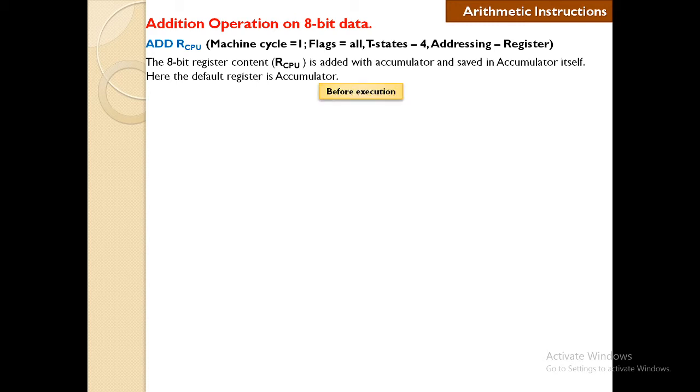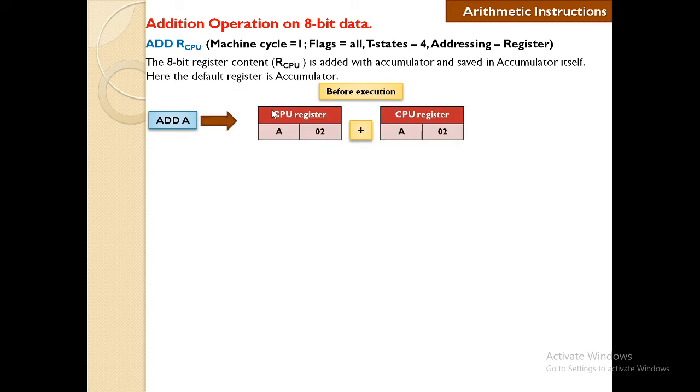Now let us try to understand this using certain examples, and then you will be able to understand the concept behind it. Let us assume the first example, ADD A. Before execution of ADD A, suppose we had the data 02 in the accumulator. Everything mentioned here is in hex. Now what is ADD A?